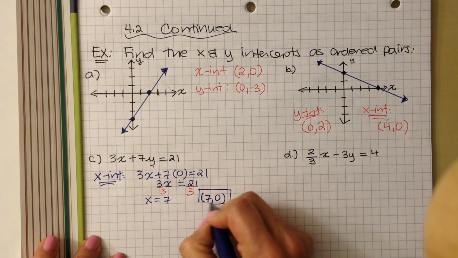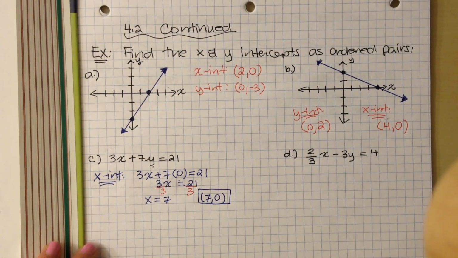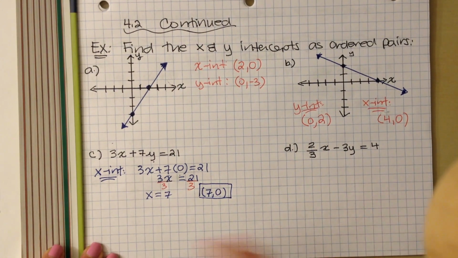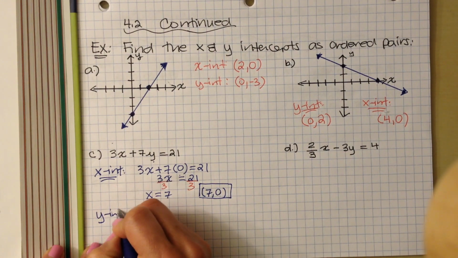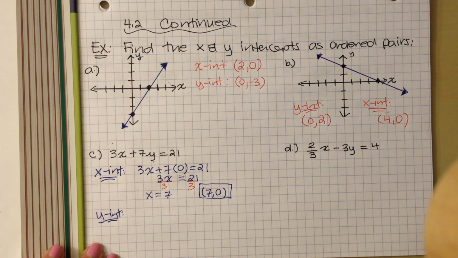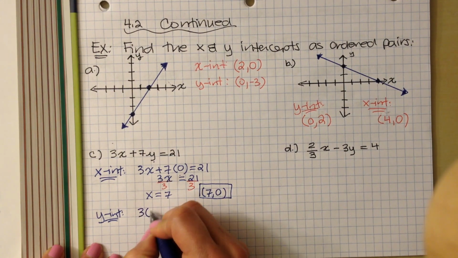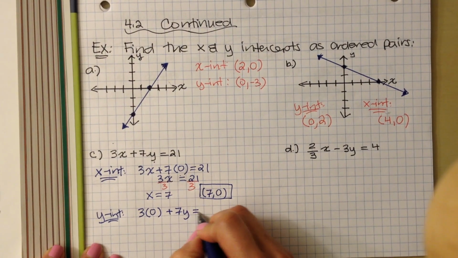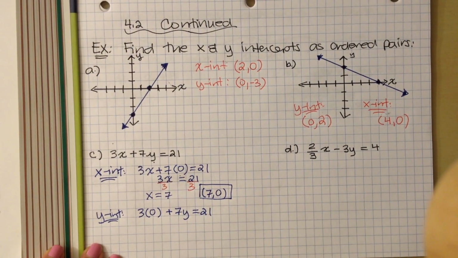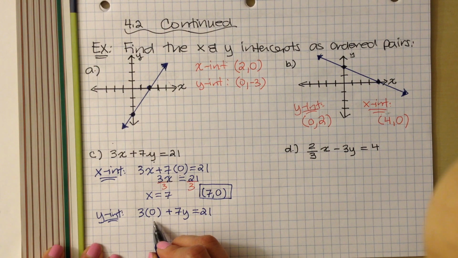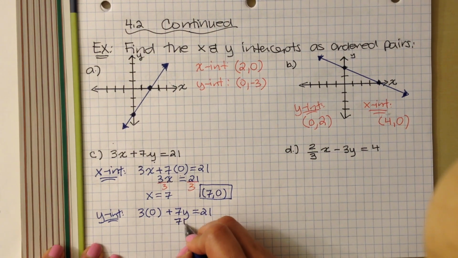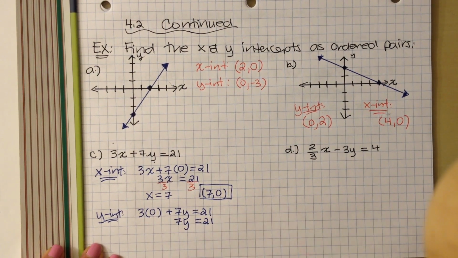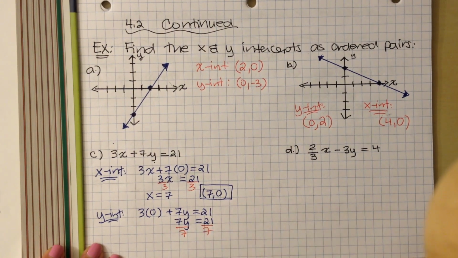So that's one solution. Now to find our y-intercept, you have to substitute 0 for x and solve for y. 3 times 0 is 0. We are left with 7y equal to 21. How do you solve for y? Divide by 7 on both sides.